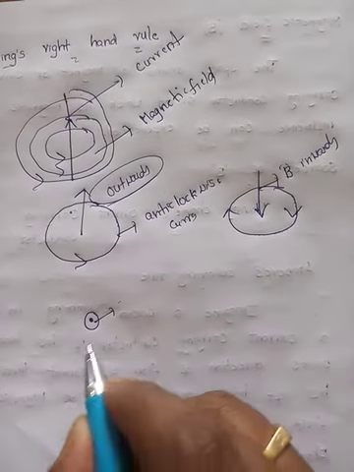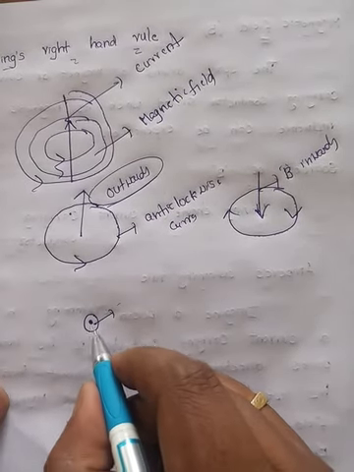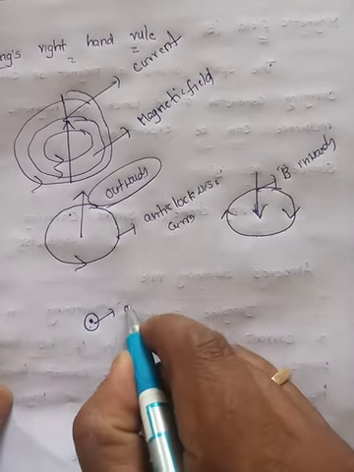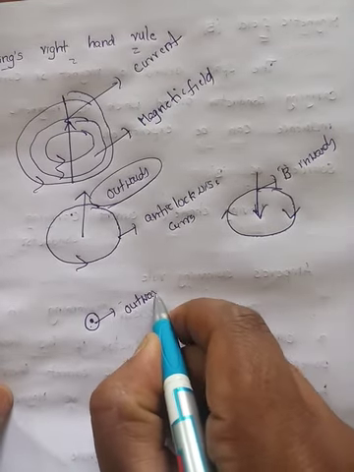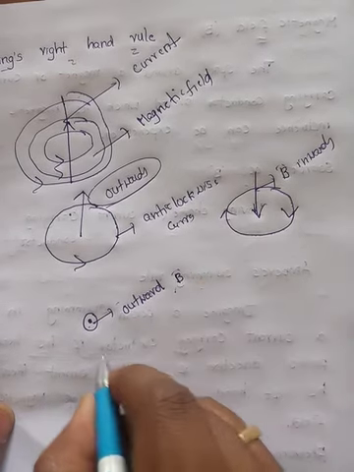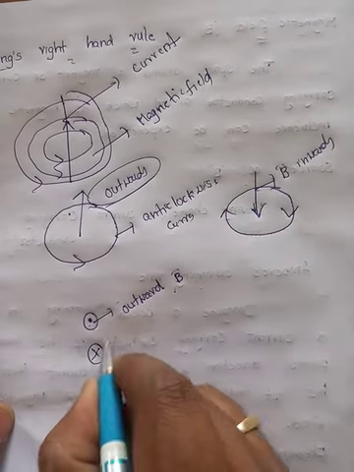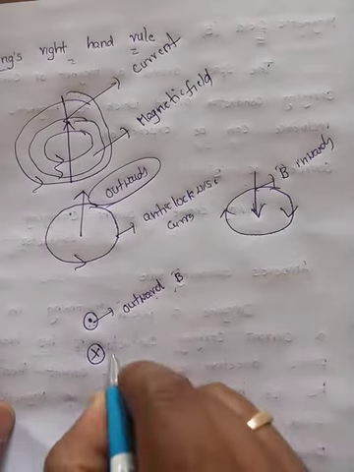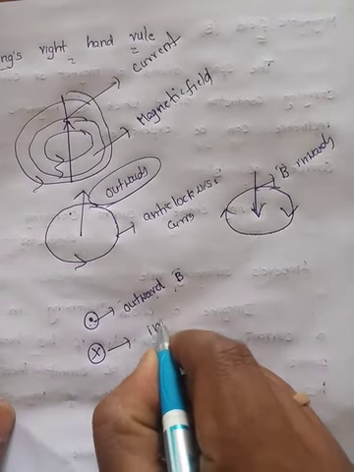If in any problem or derivation it is represented by a dot like this, note this point for sure: it is called an outward magnetic field.